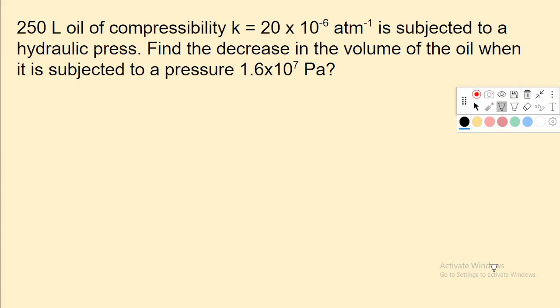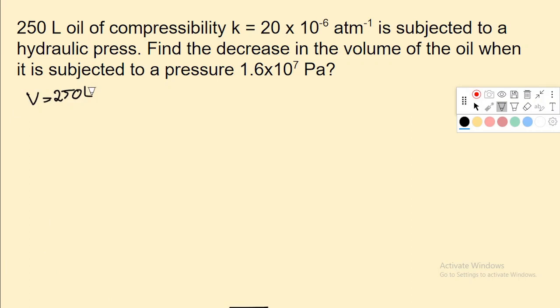Here we are given the compressibility and we are asked to find the decrease in the volume of the oil when it is subjected to a pressure of 1.6 into 10 raised to 7 Pascal. First, the original volume. The initial volume V is equal to 250 liter.